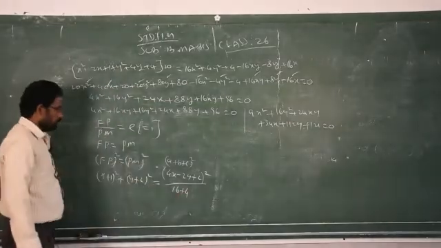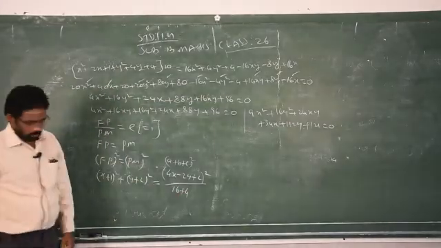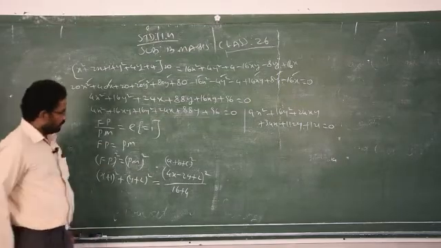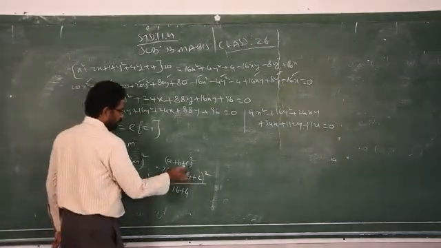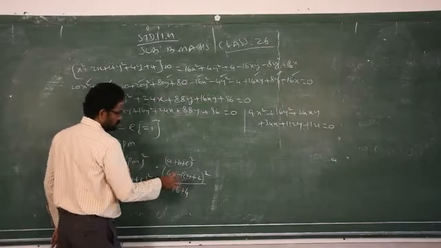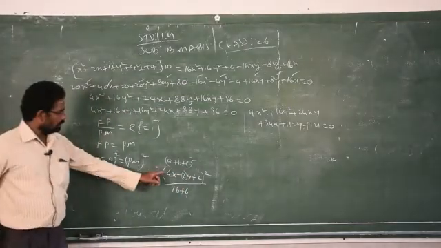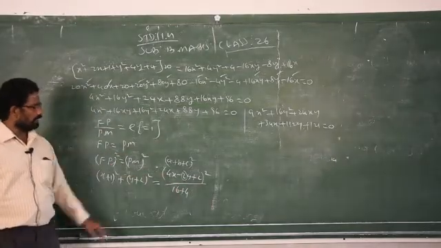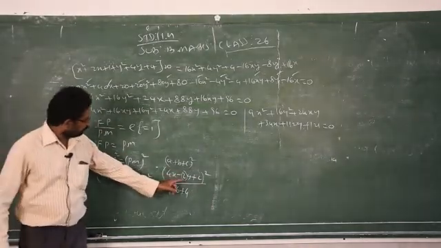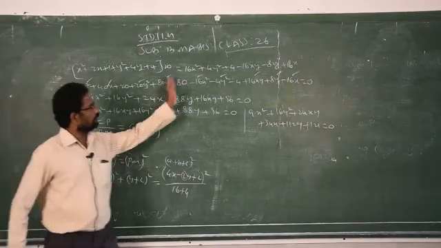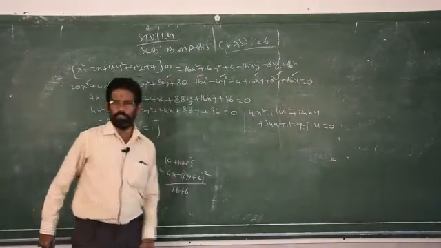This is 16 plus 4 is 20. So this is correct, but instead of that, what is it? Here I changed the number 3 to 2. So everything is correct, but at home you please replace this 2 by 3, then you can proceed as it is, you will get book answers.